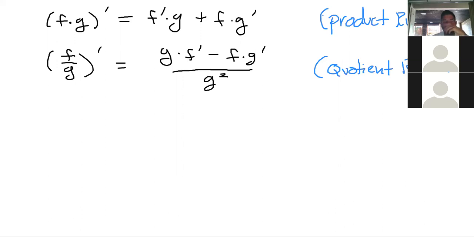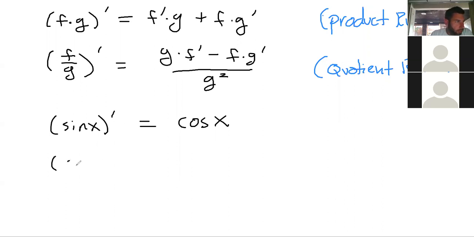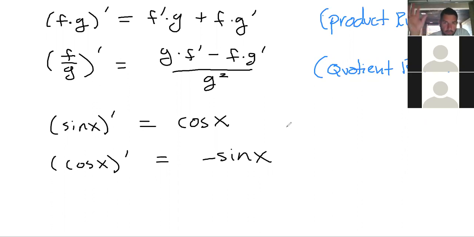We also proved a very important identity, that the derivative of sine is cosine. A similar argument would prove that the derivative of cosine is negative sine. Using these four formulas, we can derive all kinds of derivatives now.